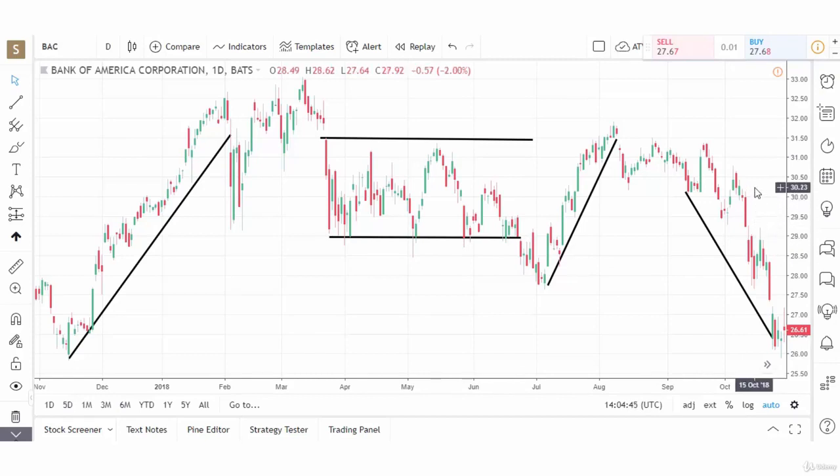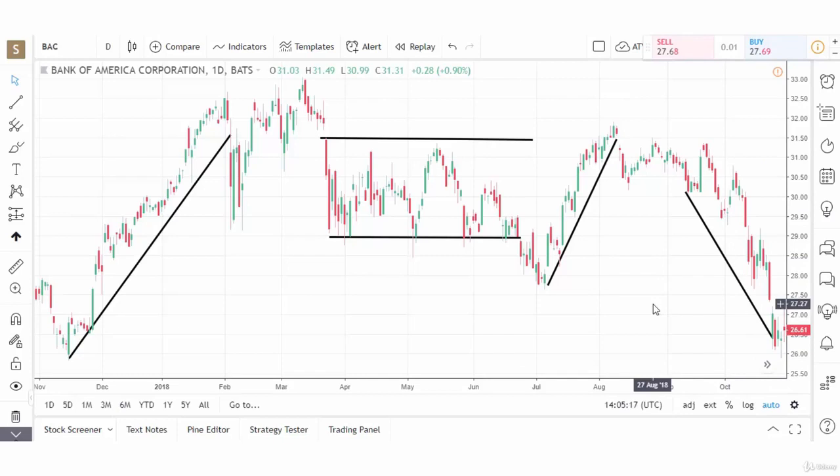And as we move the mouse up and down, you can see the price change. We then have an uptrend here, again as the stock moves to around the $31.50 and $32 level. And then a downtrend as the stock moves from $31.50 back down to the $26 level.